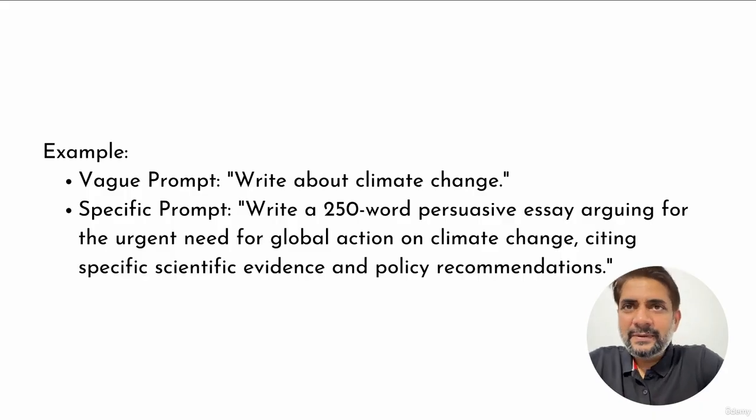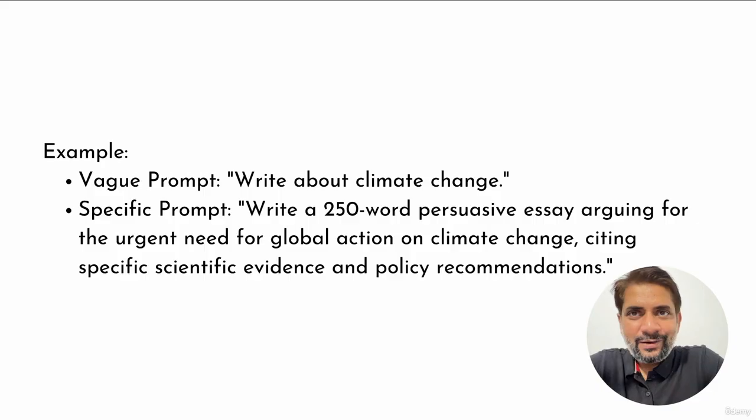Let's say, for an example, a vague prompt is write about climate change. Now to be specific, I would say write a 250-word persuasive essay arguing for the urgent need for global action on climate change, citing specific scientific evidences and policy recommendations. Now that's called specific. I exactly tell ChatGPT what is the context, who the user is going to be, why am I creating this, how many words are going to be there.